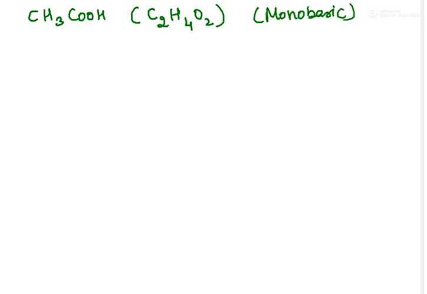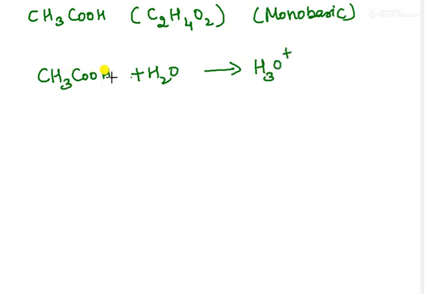Why? The reason is that when acetic acid is dissolved in water, only one hydrogen atom is ionized. These three hydrogen atoms will not ionize because CH3 is a hydrocarbon, in which carbon and hydrogen are combined.